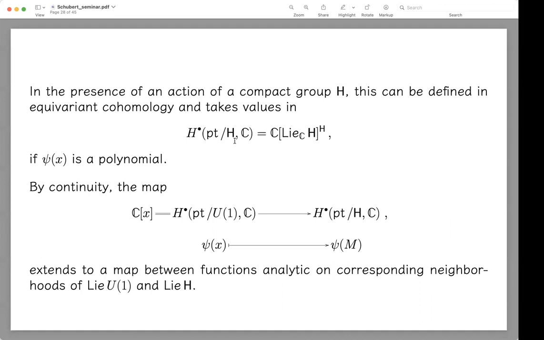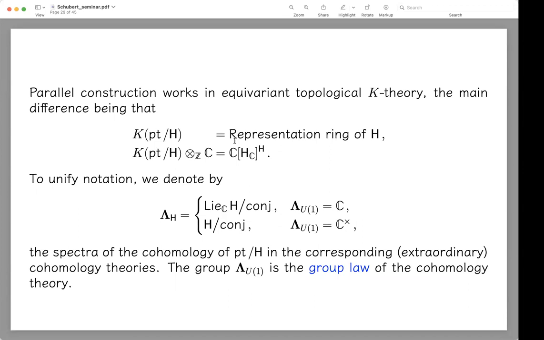So if you had some function analytic in some neighborhood of the Lie algebra there, you'll get a function analytic in some neighborhood of the Lie algebra of the compact form for your K-theory cohomology of a point. I hope it's familiar in this context. And it works just the same in any extraordinary cohomology theory, but right now we want to do it in topological K-theory.